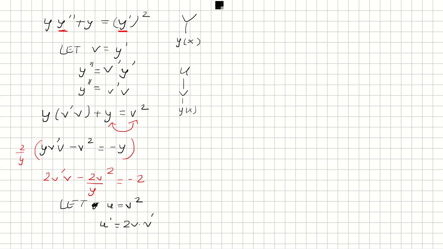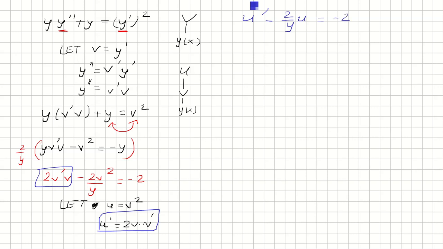So we have 2, and then we have v prime v. 2v prime v is just u prime. So this thing right here is this right here. That's u prime minus 2 over y times v squared, and v squared is equal to u over here.